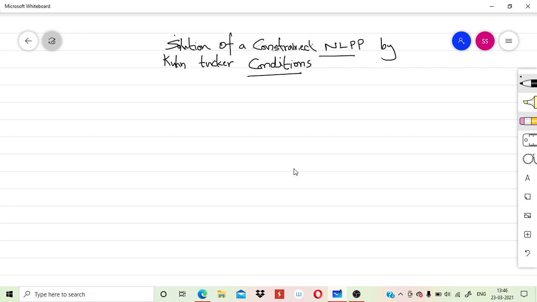you have to understand what is the constrained nonlinear optimization technique.